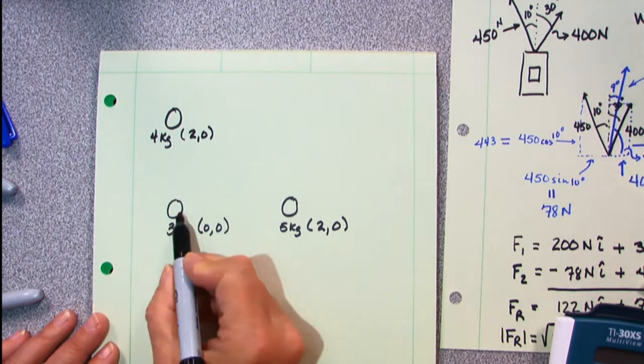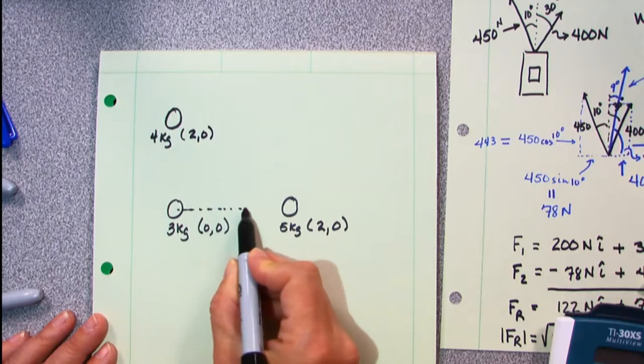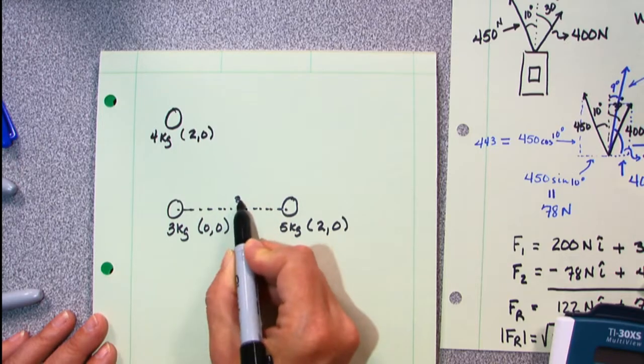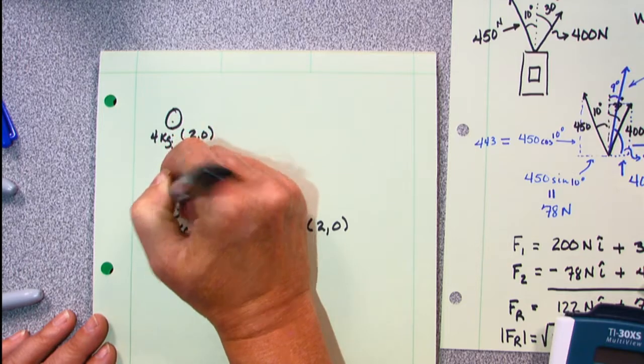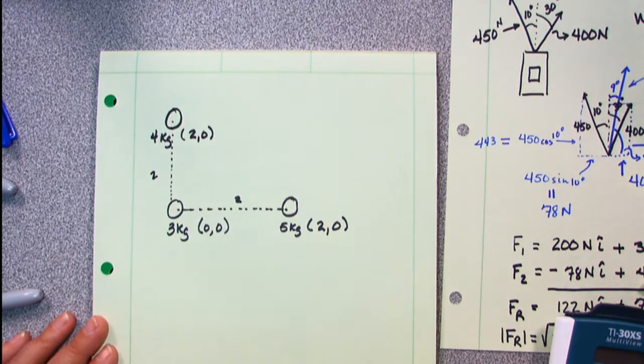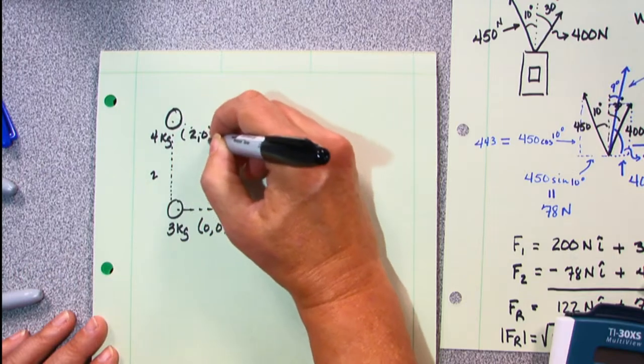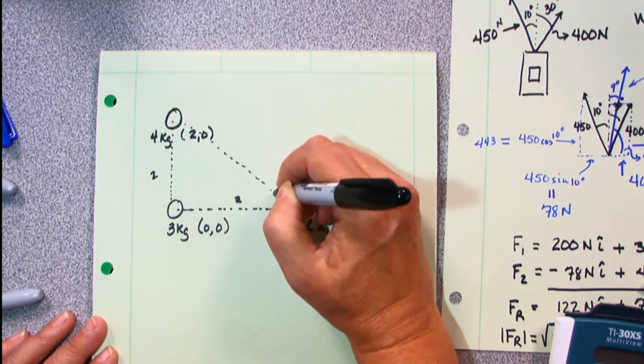Right? So this distance here is 2. This distance here is 2. And because of that, we can figure out this one, right?